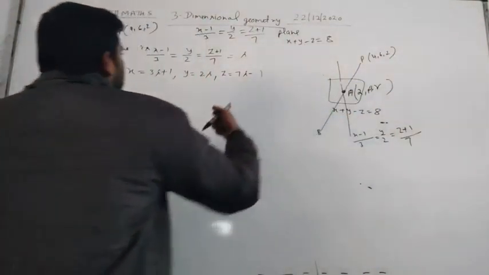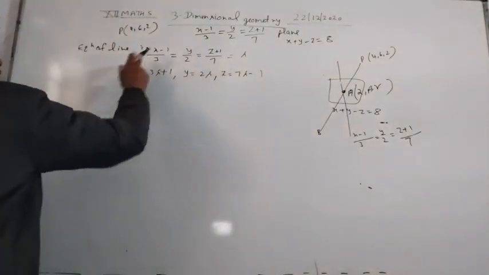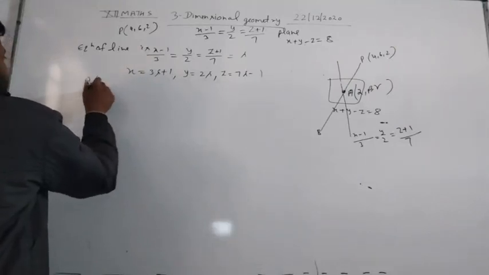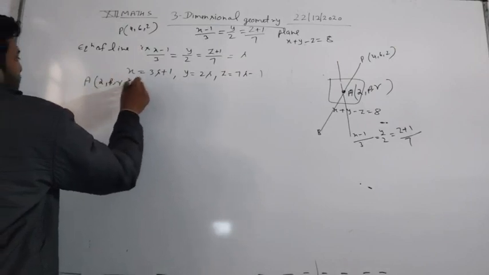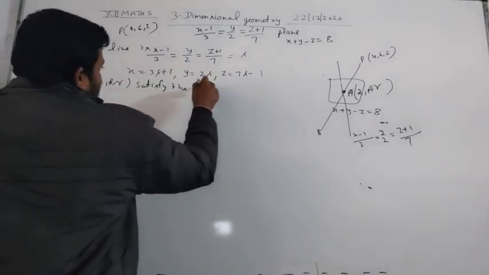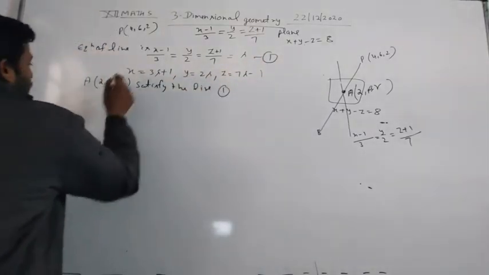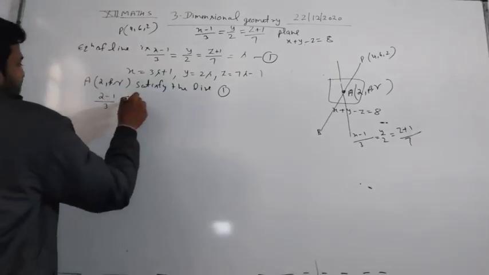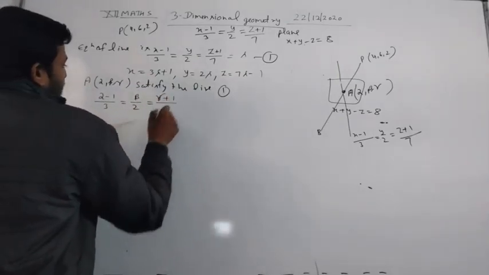It means that point A, with coordinates alpha, beta, gamma, satisfies the line, so we can write (alpha minus 1) by 3, beta by 2, and (gamma plus 1) by 7.